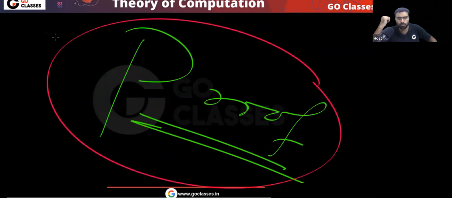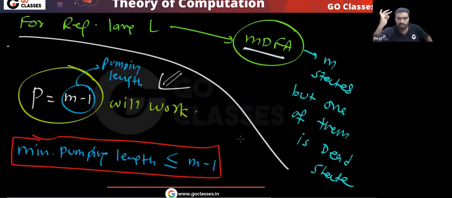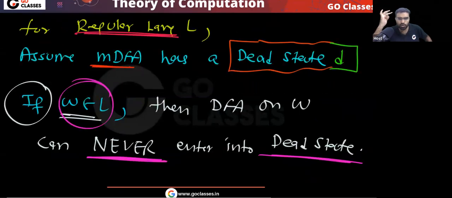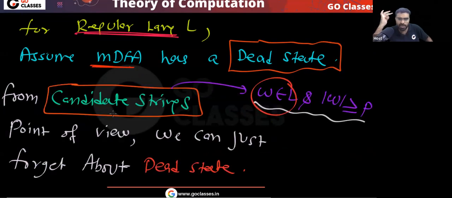From the candidate string point of view, this dead state does not matter. Strings which belong to L will never enter into the dead state. So these are your candidate strings, and from the candidate string point of view, you can just forget about the dead state.